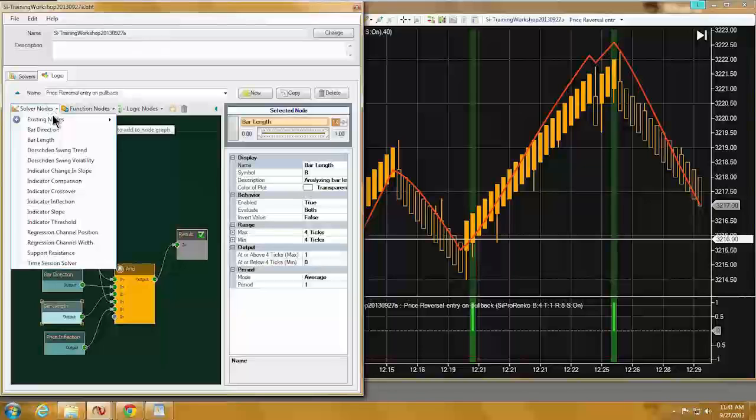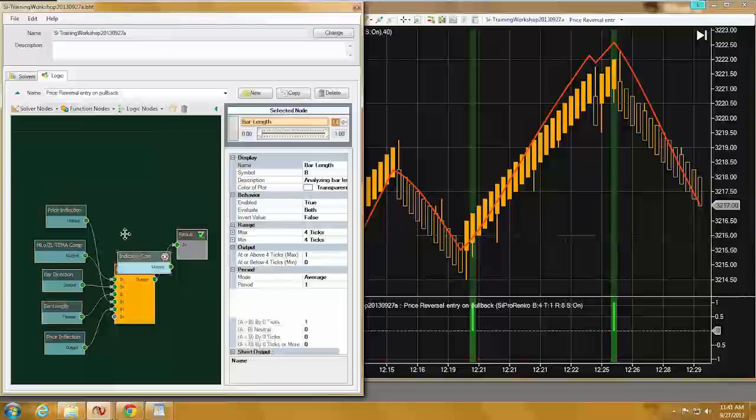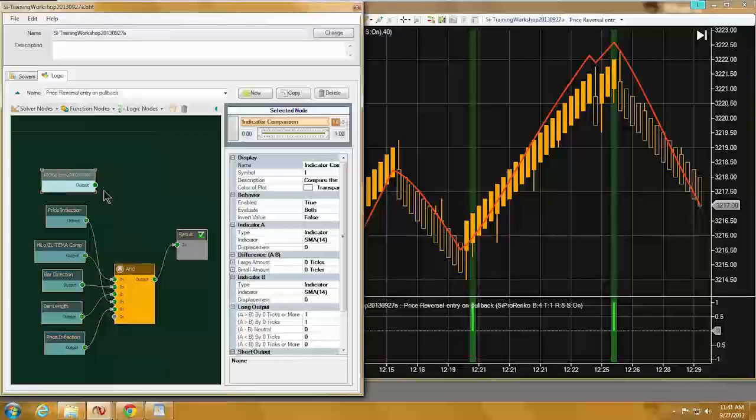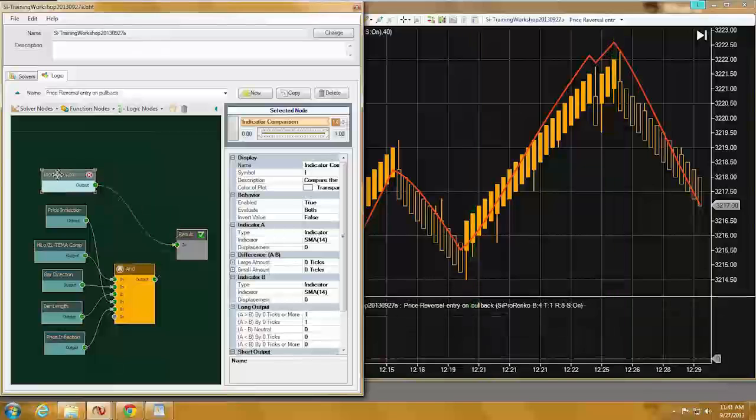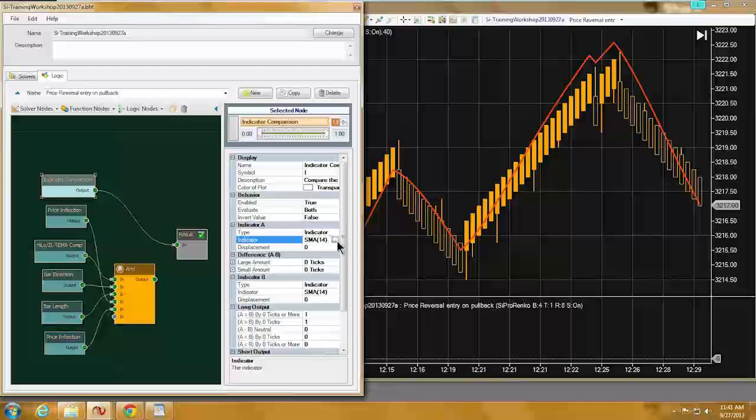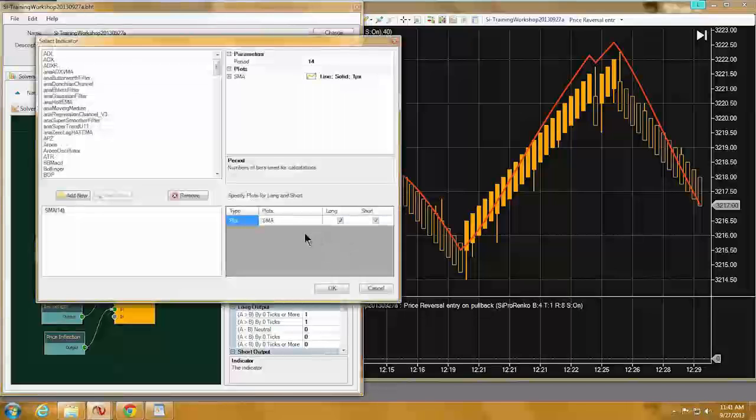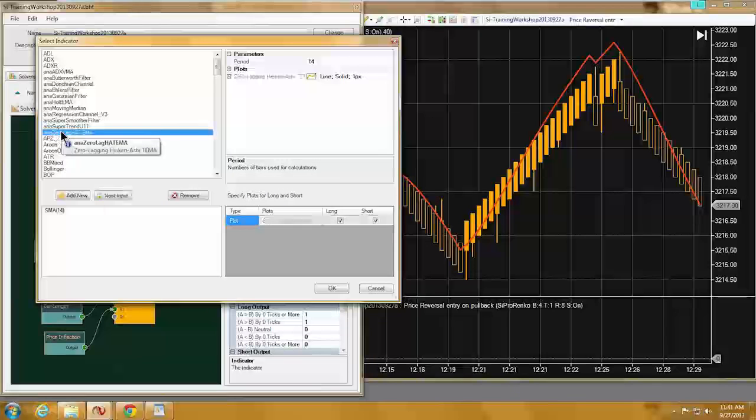Let me add that real quick here. I'm trying to wrap this up, so let me just build another comparison solver, and I want to make sure that our moving average is either below the open or above the open. So I want it below the open for long signals and above the open when we're going short.